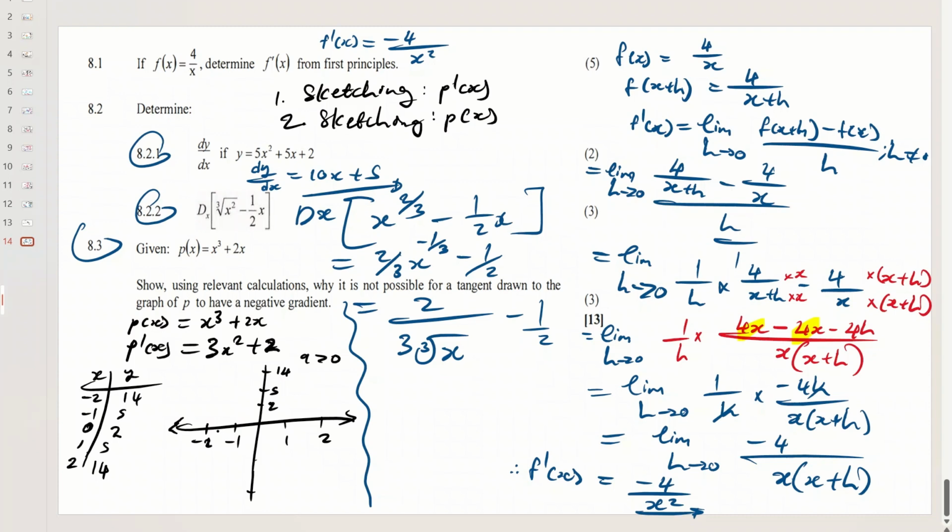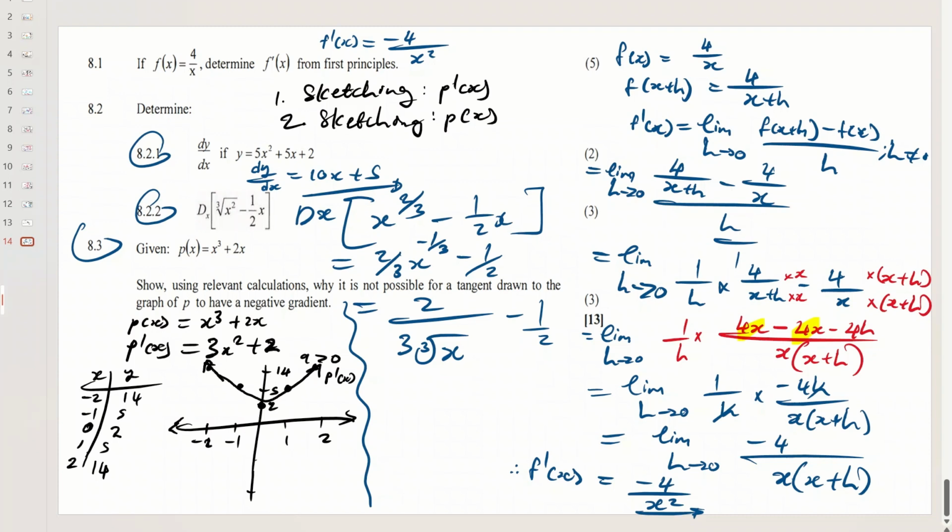Negative 2 goes with 14, negative 1 with 5, 0 with 2, 1 with 5, and 2 with 14. So this is your function now. This is p prime x.